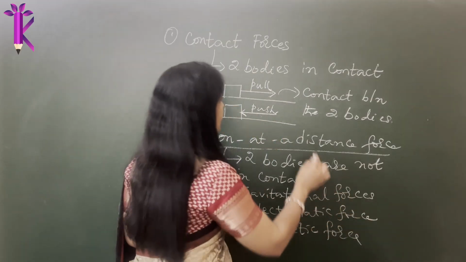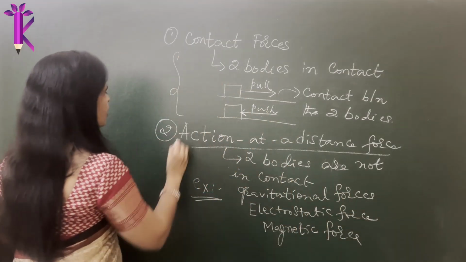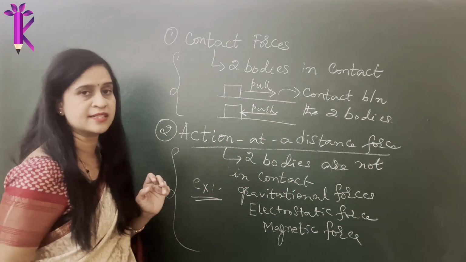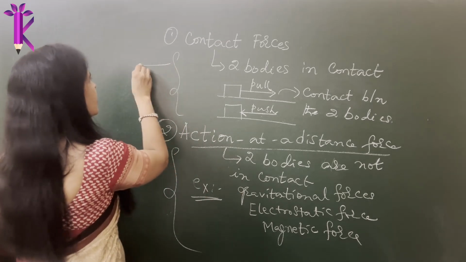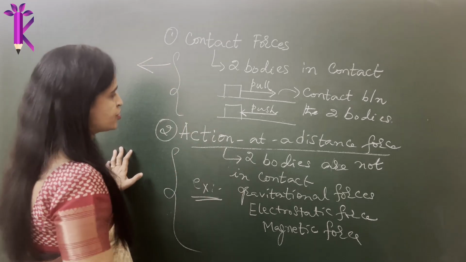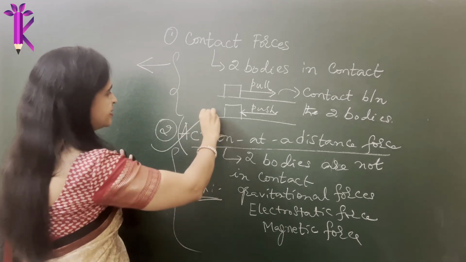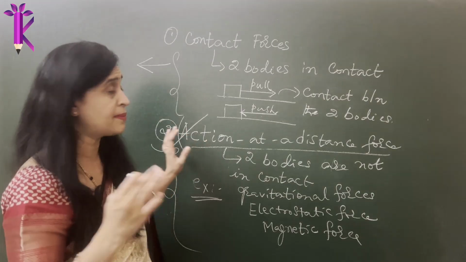So these are examples of different kinds of contactual and action at a distance forces. Now we are going to learn two more kinds of contactual forces. We spoke about action at a distance, which was charging by induction.